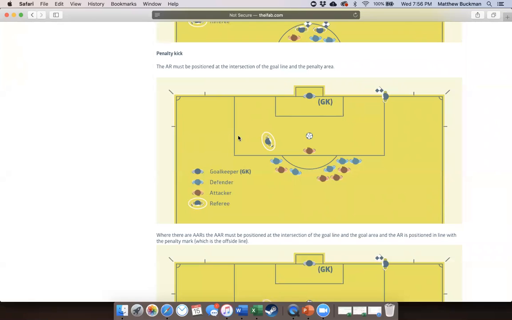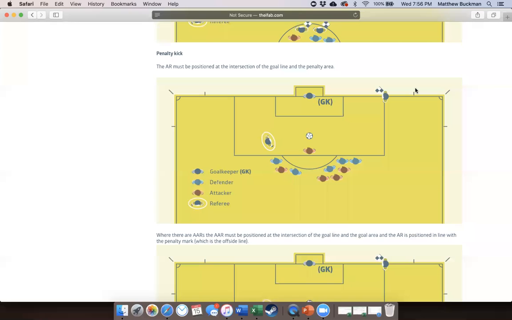They just can't pass this line, which is even with the ball or with the penalty mark. So we don't want to let them go any closer to the goal line than that penalty spot. If a player tries to stand over here, we don't want to let them do that. They must be behind the ball.